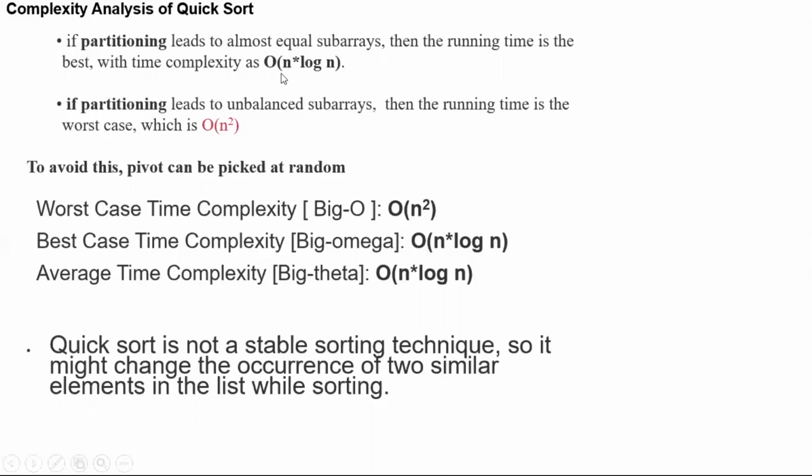But if the pivot is selected in a good way, so it will divide the array into 2 almost equal subarrays on each iteration, then the partition will take only log n and n passes, so the complexity in the best case and on the average case will be n log n.